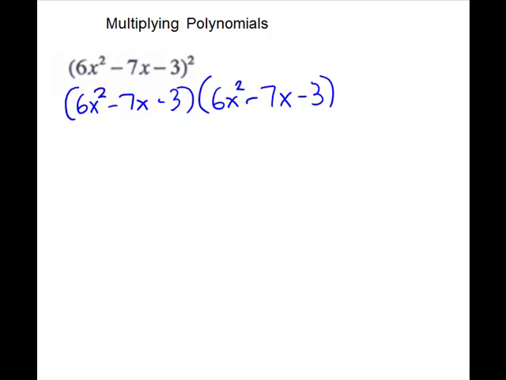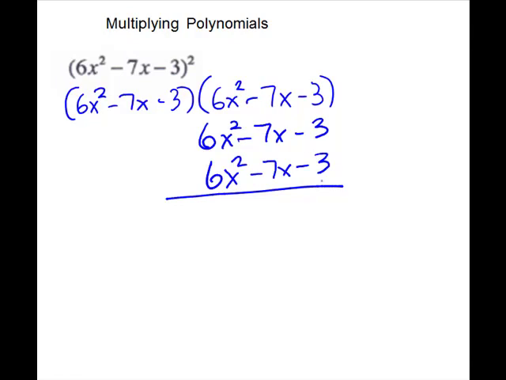Or we could work vertically. I think I'm going to choose this time to work vertically because we're going to have 9 multiplications and it will line up like terms. So I'm going to scoot over a little bit in case I have some extra ones I need to go on that end. So 6x squared minus 7x minus 3 times 6x squared minus 7x minus 3.